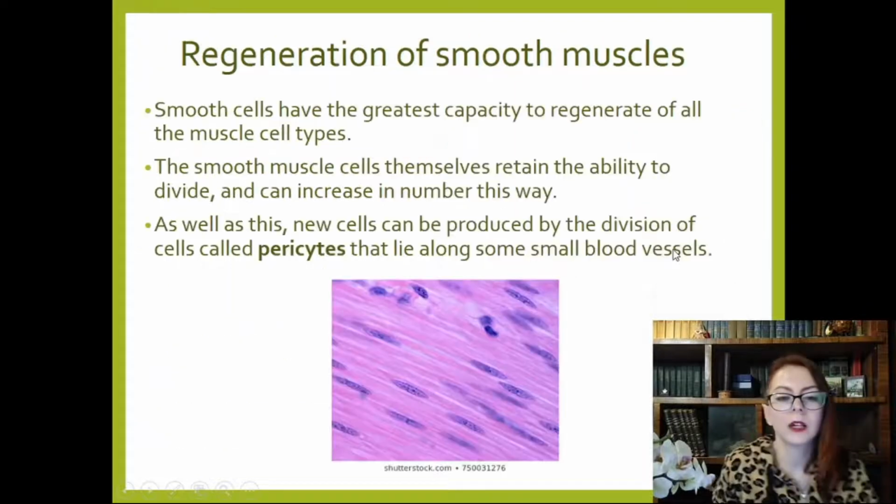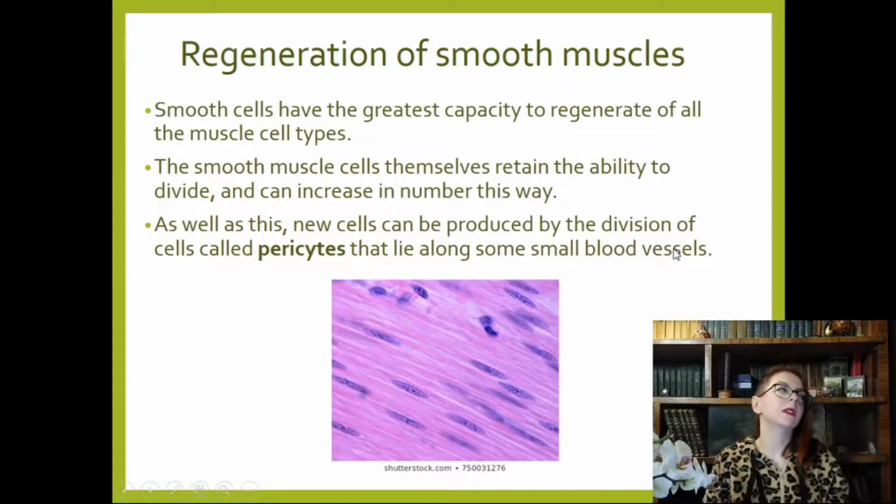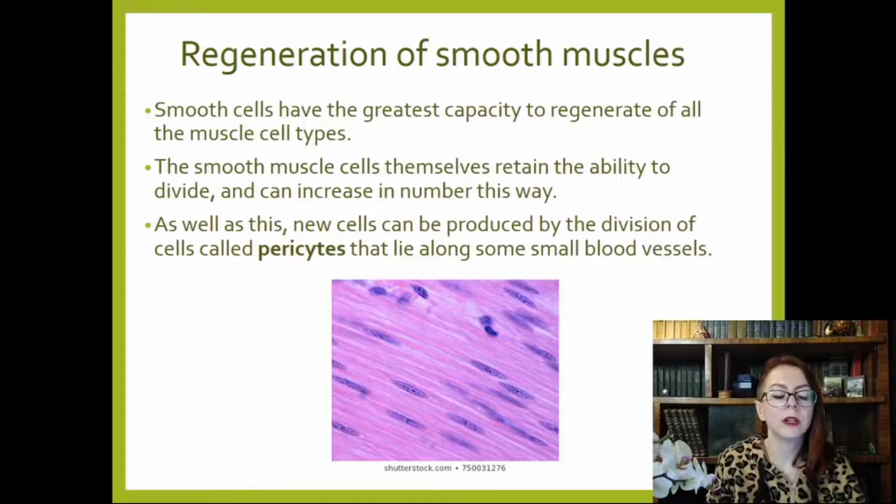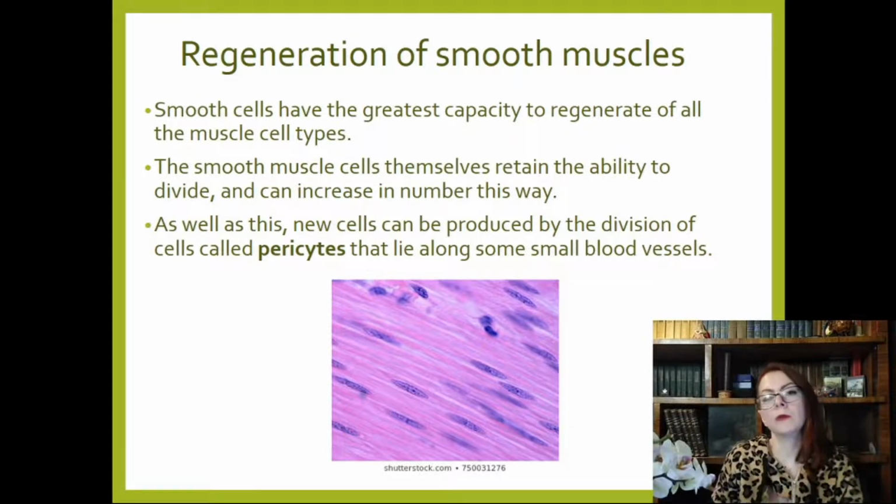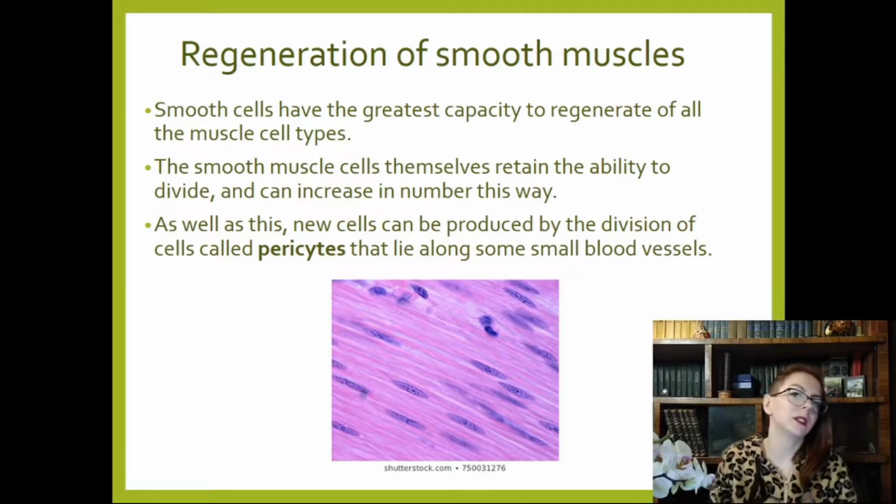So, regeneration of smooth muscles: they regenerate very easily, and smooth muscle cells could be generated even from other types, from fibroblasts, for example myofibroblasts could give rise to smooth muscle cells. In epithelial tissue, some epithelial cells could form smooth muscle elements.